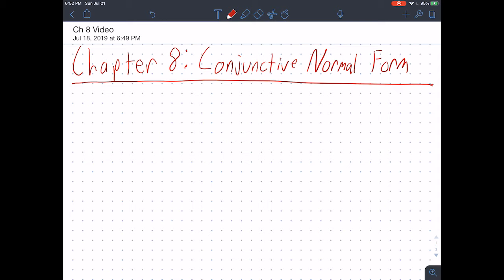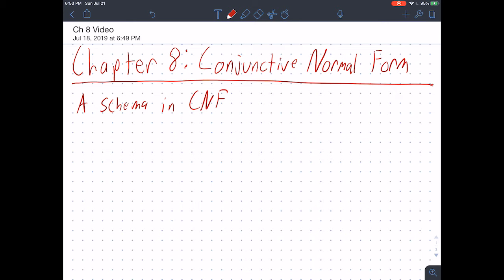So let's figure out what conjunctive normal form is. I'm going to write out the definition, and I'm going to be abbreviating conjunctive normal form as CNF for short. It's a lot to say, right?